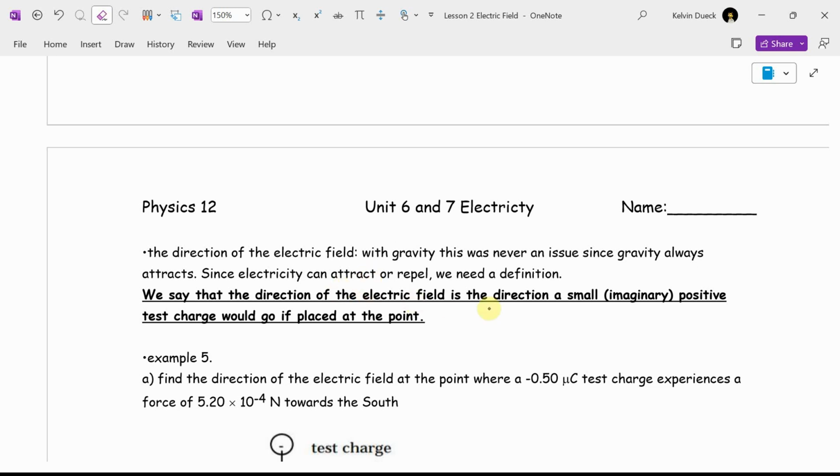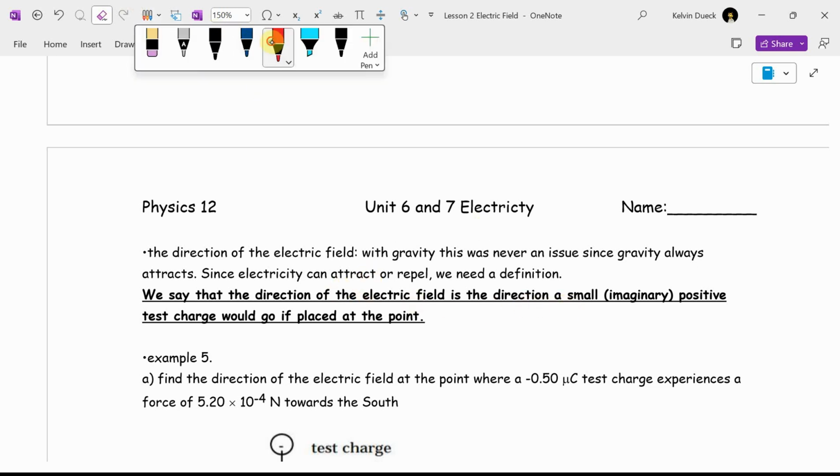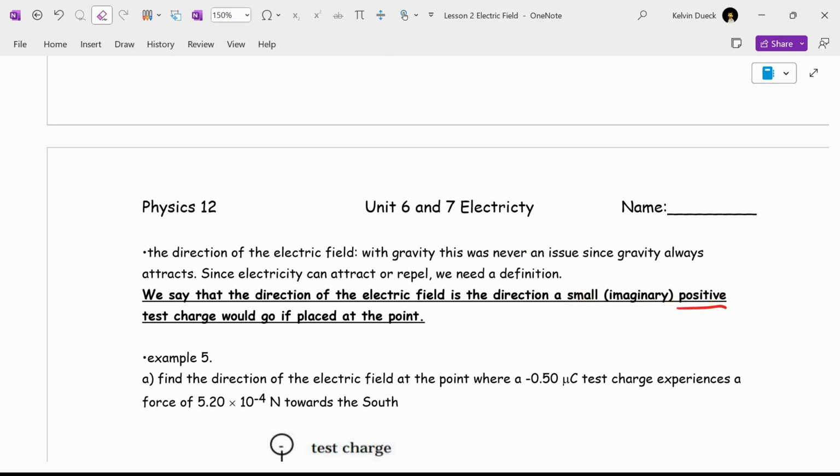It's the direction that a small imaginary positive charge would go if placed at that point. You imagine a tiny positive charge at that location and you ask, which way would this move if it could? And you figure that out by using like charges repel and unlike charges attract.